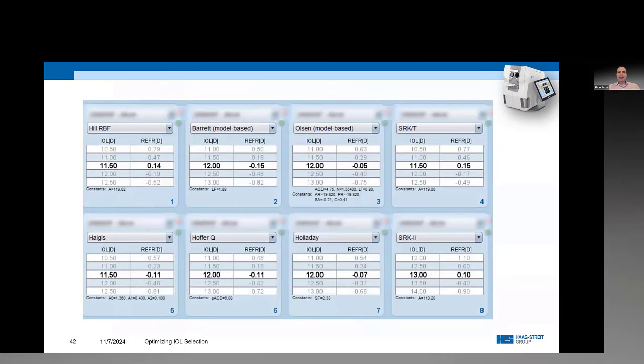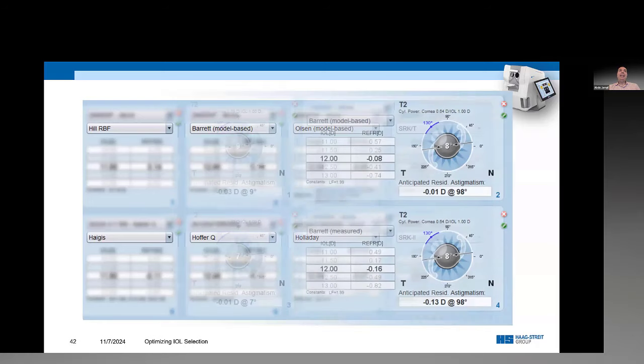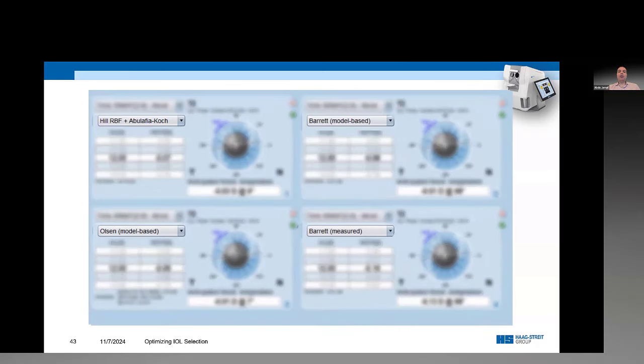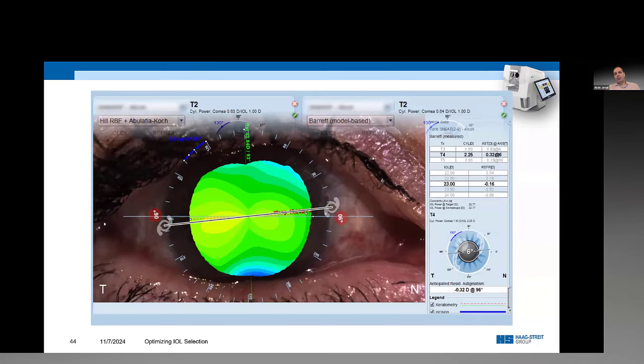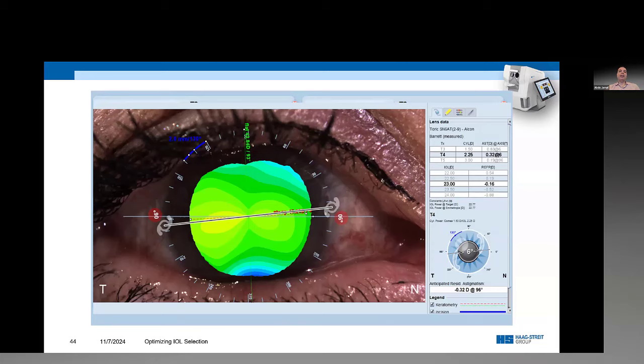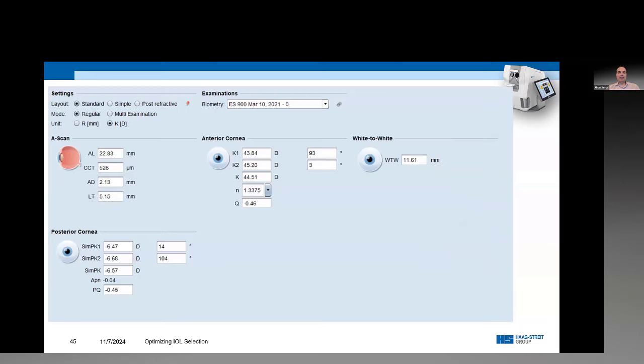A wide range of IOL formulae are available for monofocal, and the same applies for toric selection. We also have a toric planner that enables the surgeon to change the proposed plan according to their need or convenience.